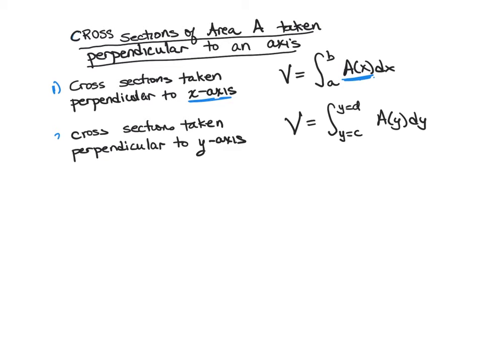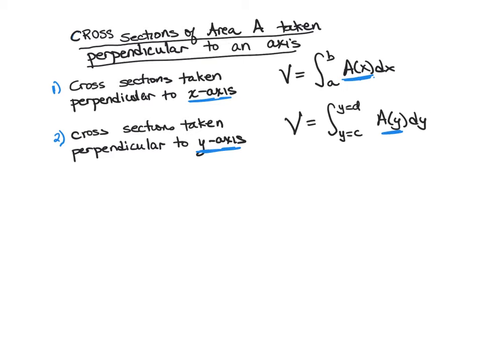But if the cross sections are perpendicular to the y-axis, then we integrate with respect to y, and the volume is the sum of the areas of all the cross sections expressed as a function of y from y equals c to y equals d.